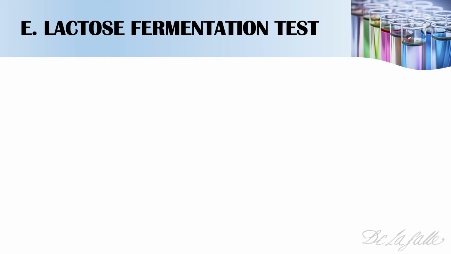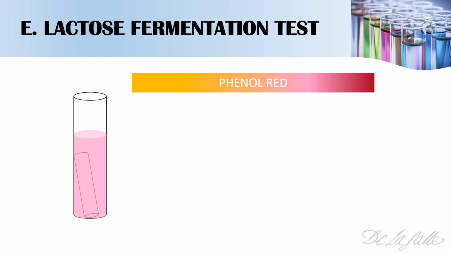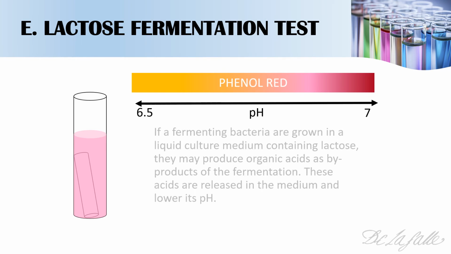Lactose fermentation test. For this test, we have a lactose broth with a Durham tube, which is a smaller tube inverted inside a larger tube within the culture medium. The organism will be inoculated using your wire loop, and phenol red is also used as our pH indicator.